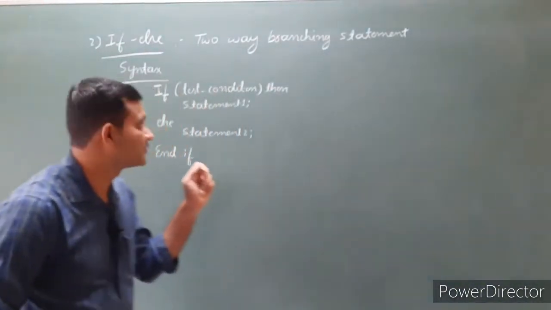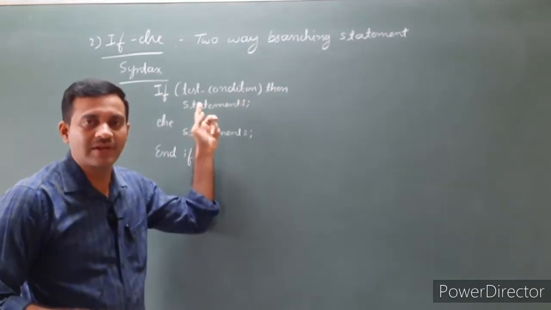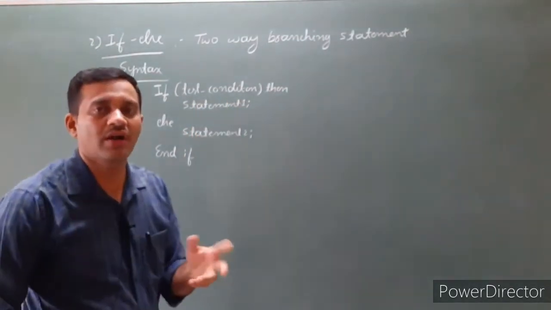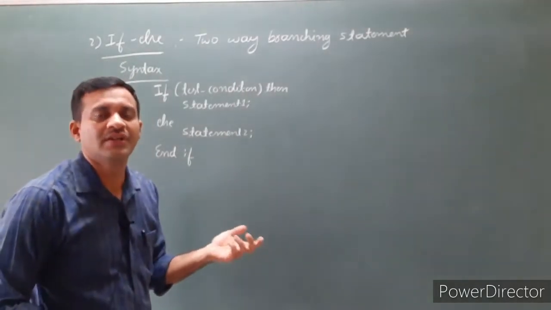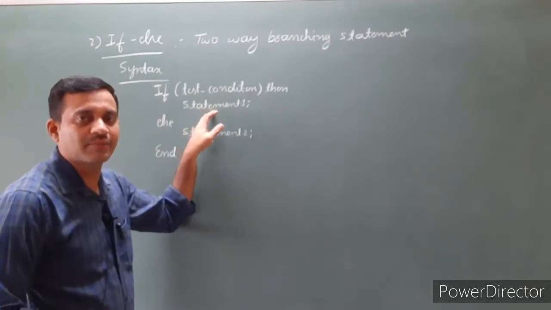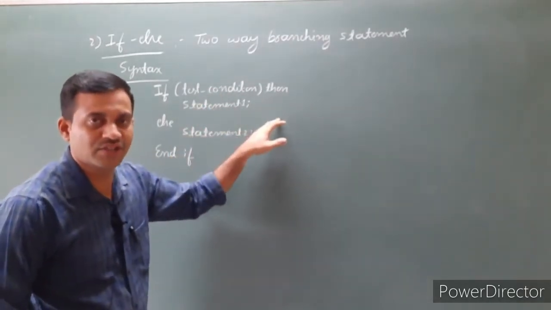Let's see the working principle of if else. It begins with the keyword if. First we verify the test condition. The test condition has two alternatives: first one is true, second one is false. If it is true, the succeeding statement, that is statement 1, is selected for execution.